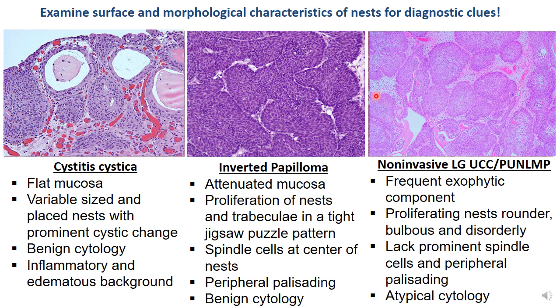They are more haphazardly placed. They lack prominent spindle cells and peripheral palisading. So those features, compared to inverted papilloma, can be very helpful to appreciate. And usually you have some degree of atypical cytology depending on the type of process that you are dealing with.